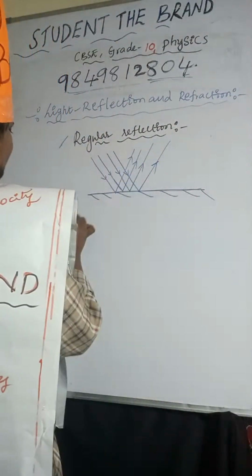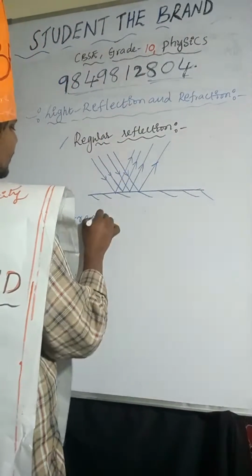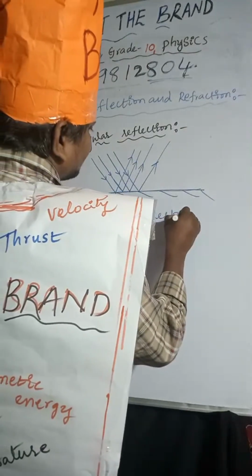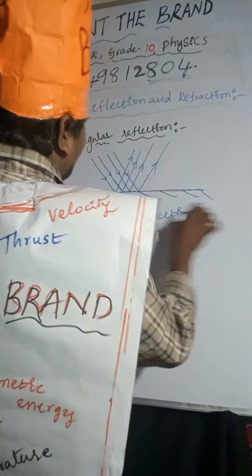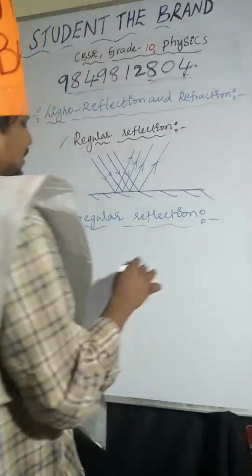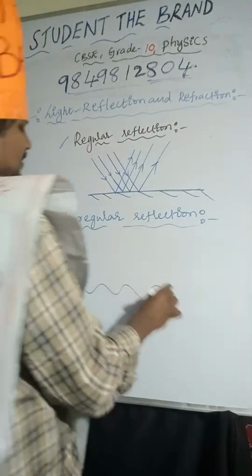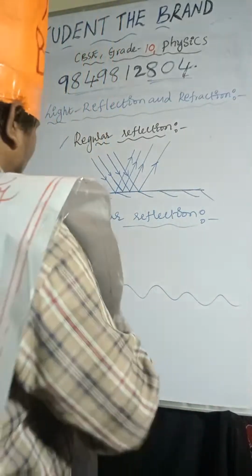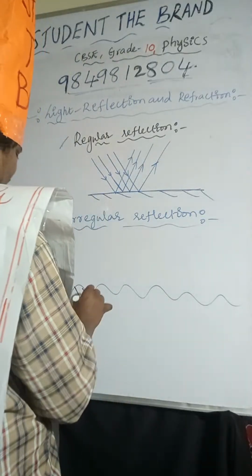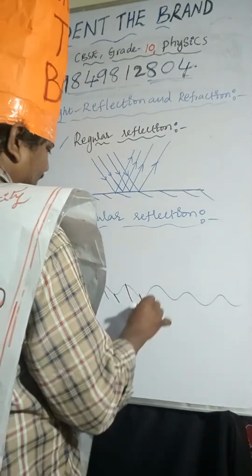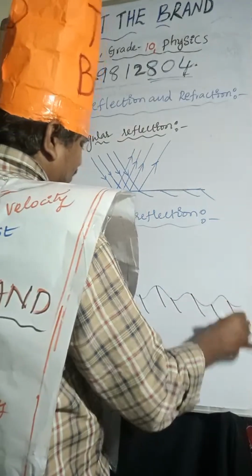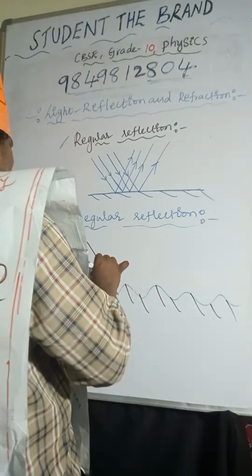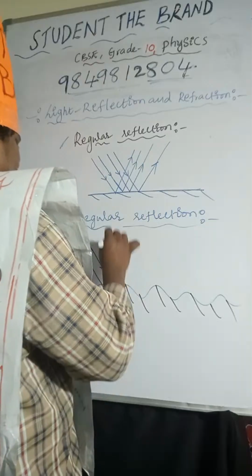Coming to irregular reflection. Here the surface is not smooth, it will be irregular. So I'm considering here, this is the incident ray, this is also an incident ray, and this is also an incident ray.